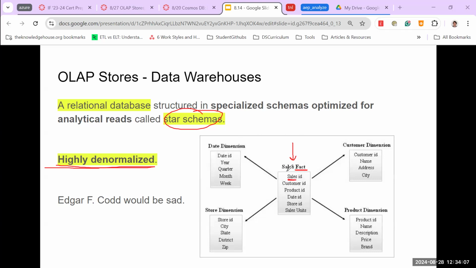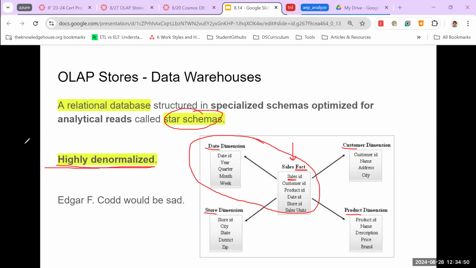And then to associate different dimensions with this fact, we have other tables such as dates, customers, product, and store, which we can then easily associate with the fact table in order to perform some sort of analysis on the specific fact. Let's say that you want to figure out how many sales were performed from 2017 to 2019. Well, you're probably going to have to associate the sales fact with the date dimension.